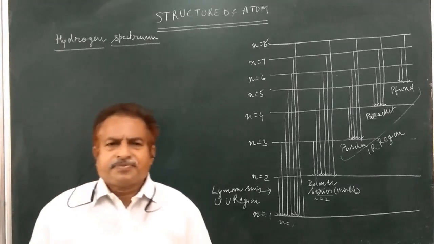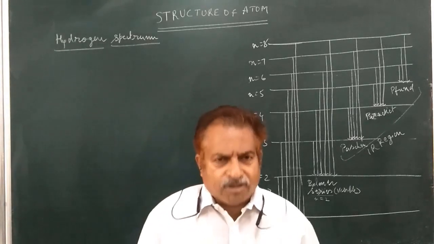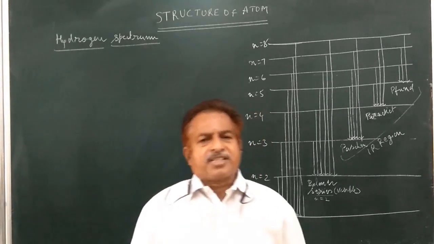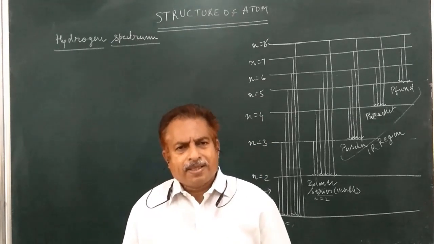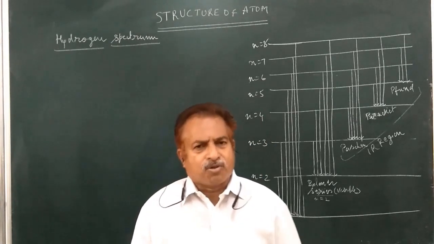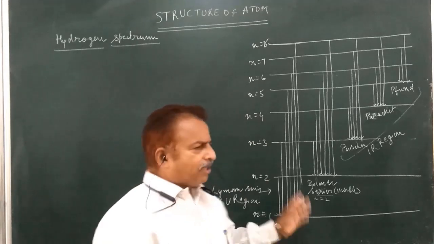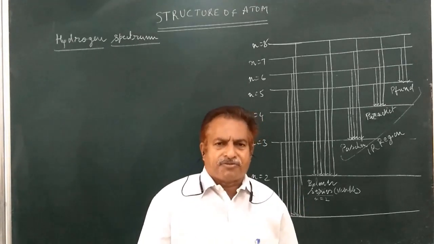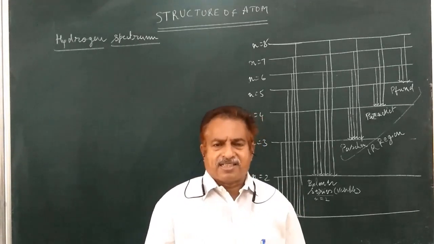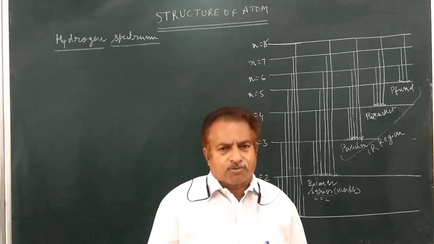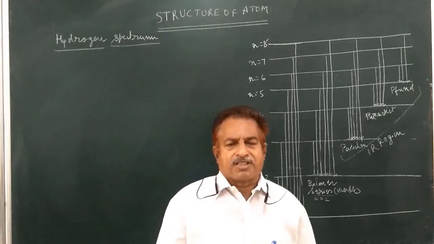Now let us discuss the hydrogen spectrum. If a sample of hydrogen gas is supplied with a certain amount of energy, the electrons present in different atoms of hydrogen get excited, that is, they take energy and go to higher energy levels.